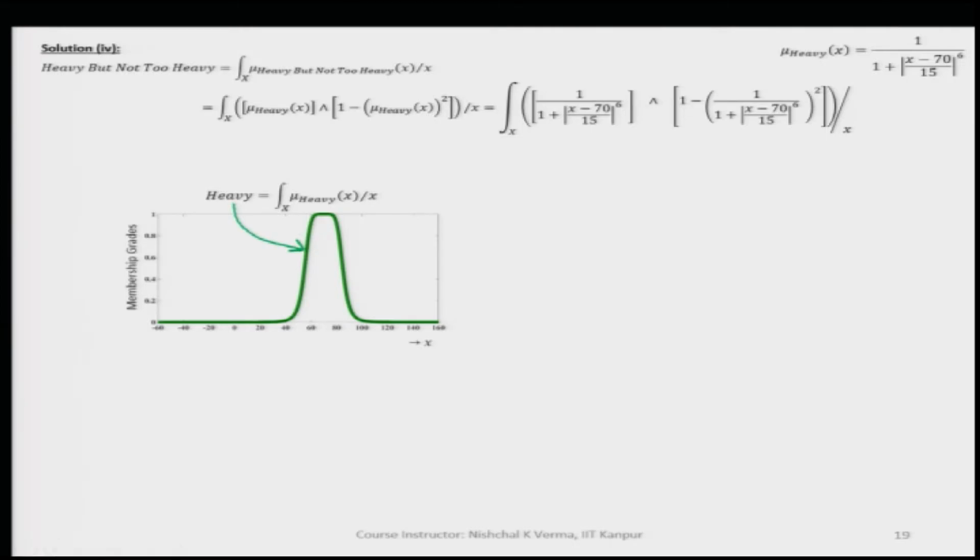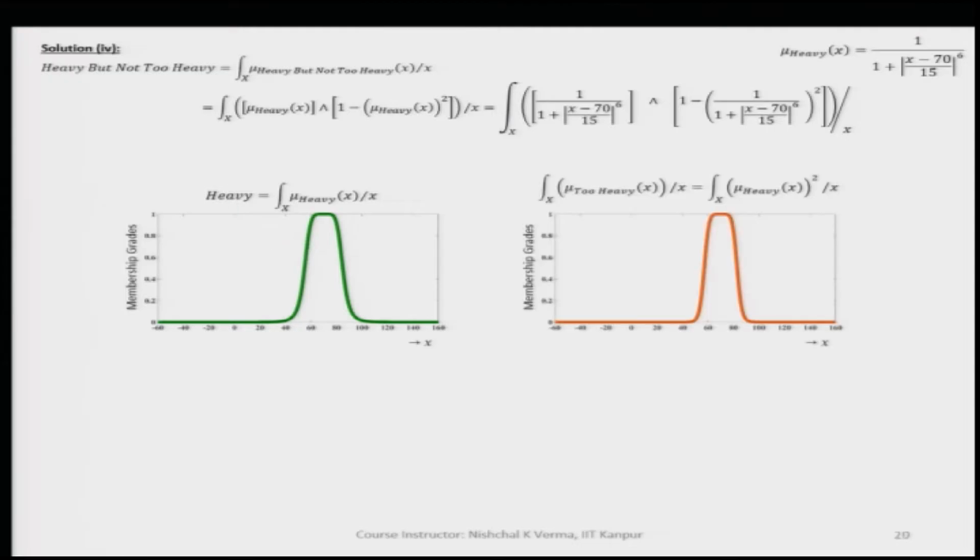Let us first find the fuzzy set for too heavy, then not too heavy, and then connect heavy and not too heavy together to get the composite fuzzy set. This fuzzy set is for heavy, and this is for too heavy.